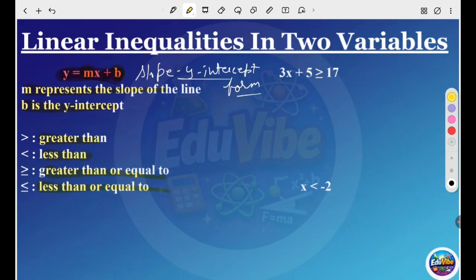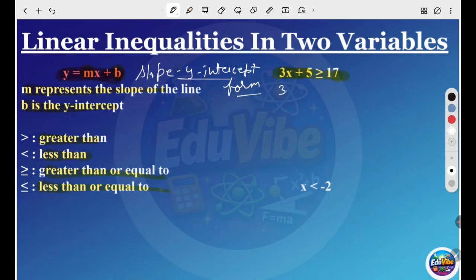So if we're talking about this inequality, 3x plus 5 is greater than or equal to 17, what does this mean? This means that 3x plus 5 is greater than or equal to 17.